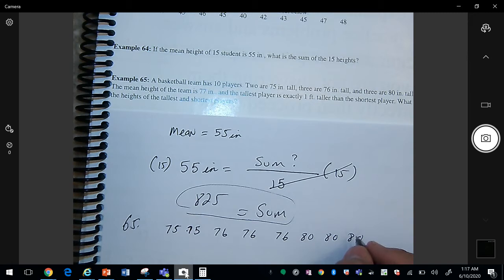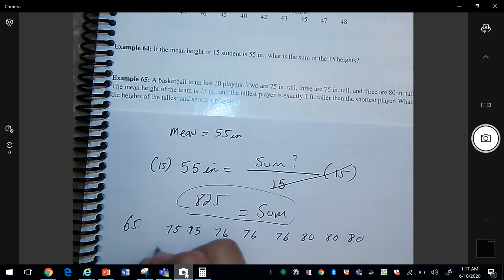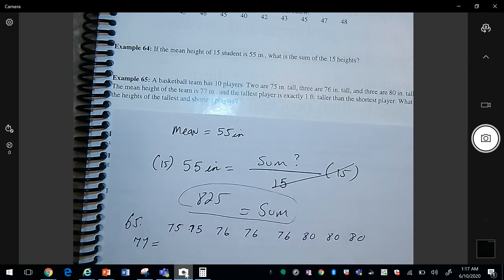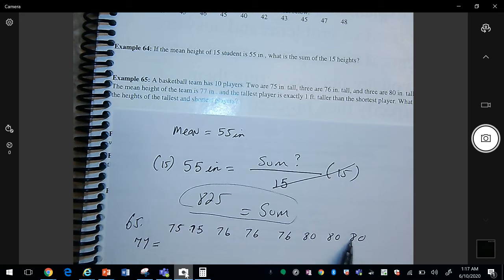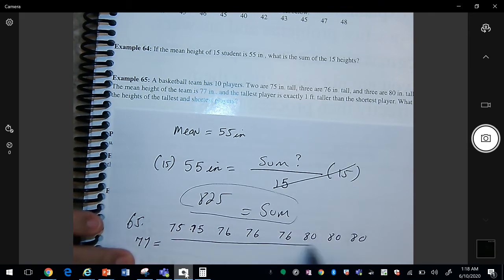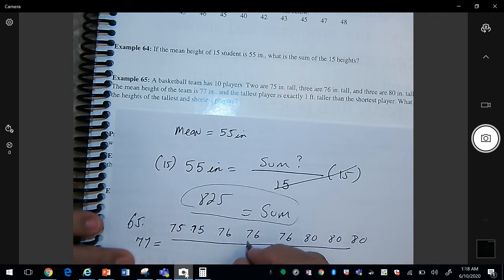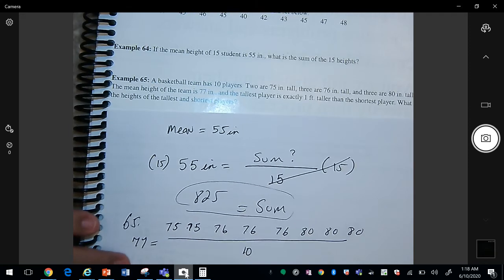The mean height of the team is 77 inches, so I'm going to say this is equal to 77. And the tallest player is exactly 1 foot taller than the shortest player. If you notice here we have 1, 2, 3, 4, 5, 6, 7, 8. But they tell us that there are 10 basketball players, so we're missing 2 players.